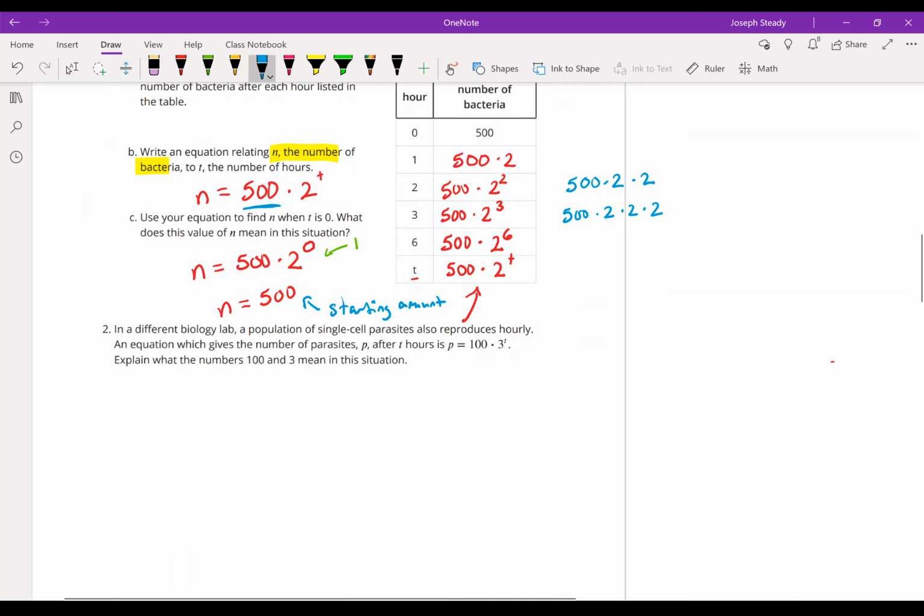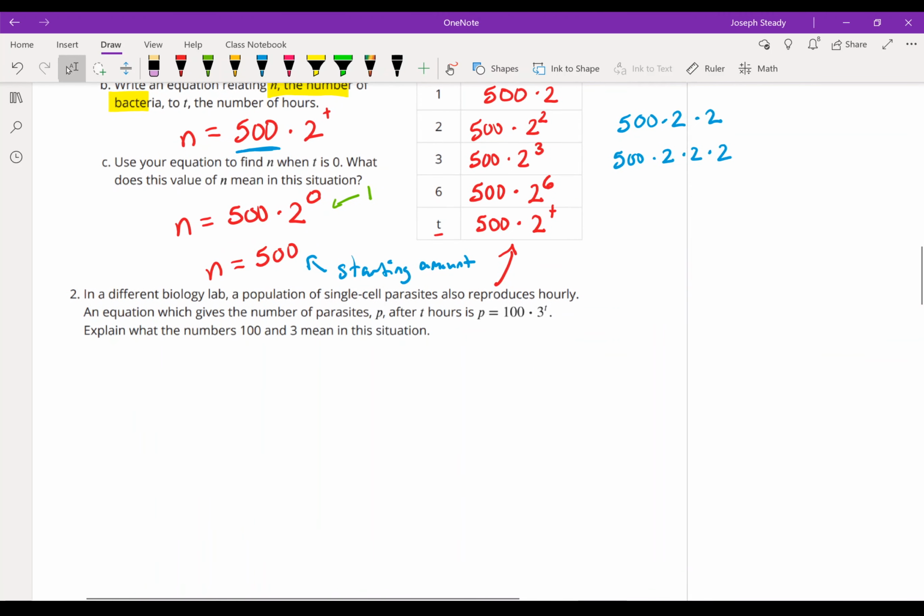That's going to be a helpful pattern when we get down to the second problem, where now we're looking at a different experiment, and we're told in this case that parasites also reproduce hourly, and they tell us that the number of parasites, P, after a certain amount of time has passed t, can be found with this equation. P equals 100 times 3 with an exponent of t. And they want to know, what does that 100 mean, and what does that 3 mean?